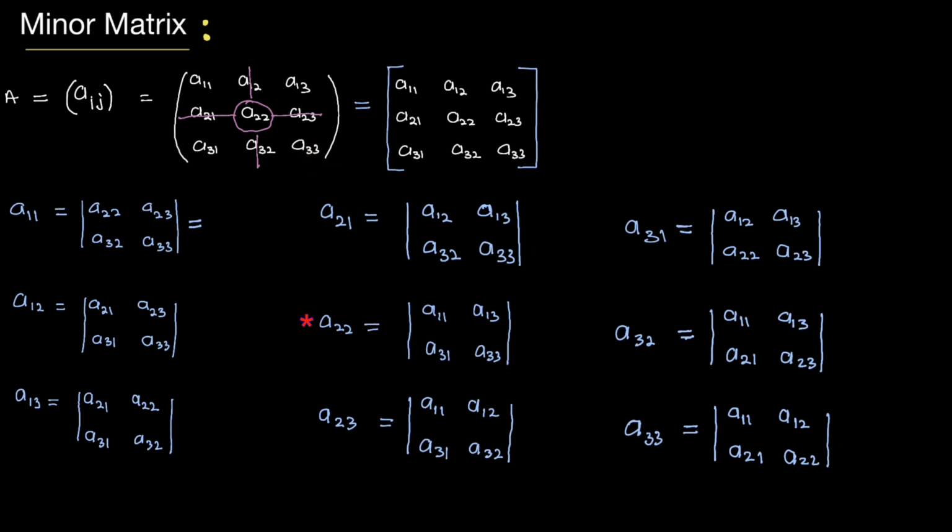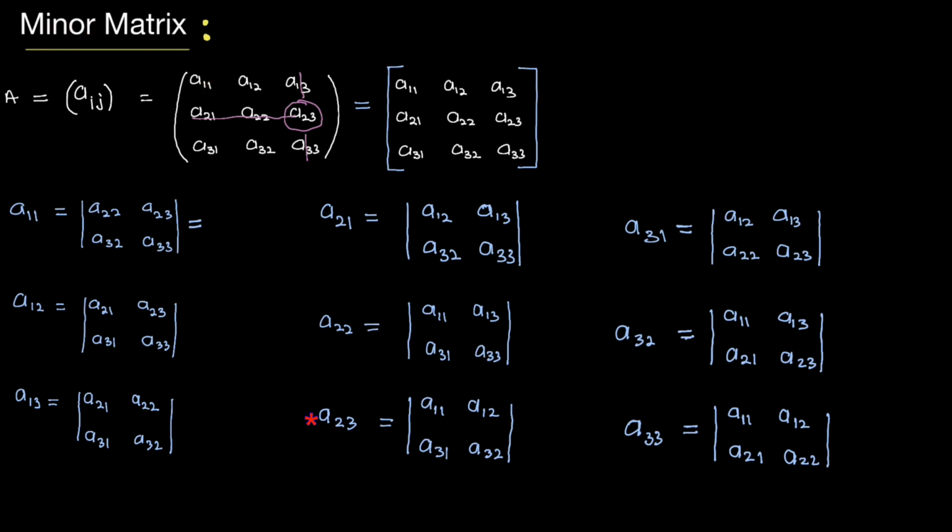So now let's do the minor matrix for A23. We draw a circle on A23, draw a vertical line and horizontal line. The minor matrix for A23 is A11, A12, A31, and A32. Those are the elements in the minor matrix for A23.